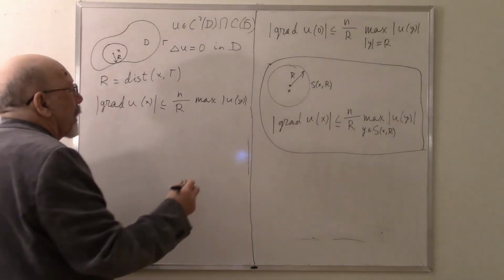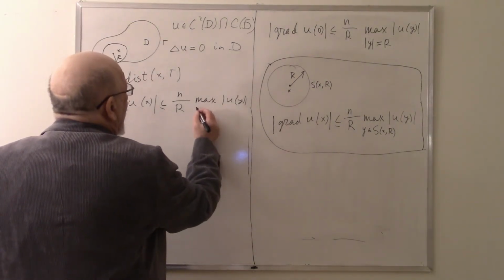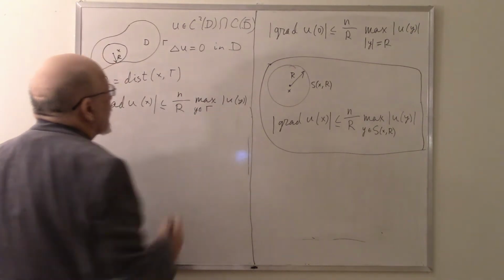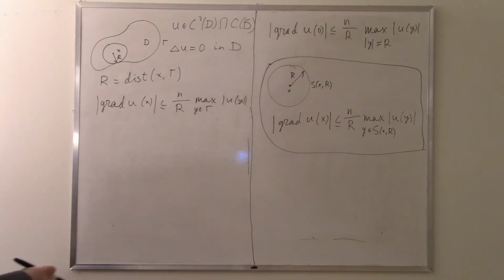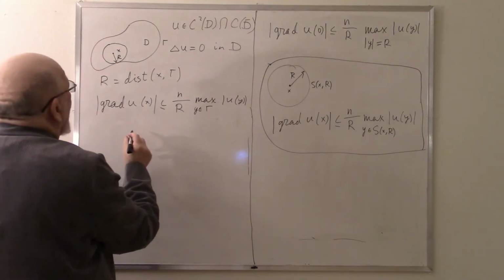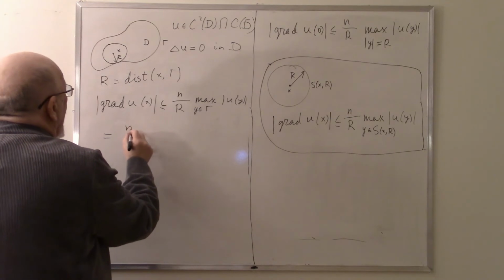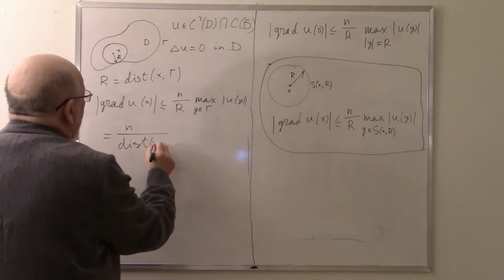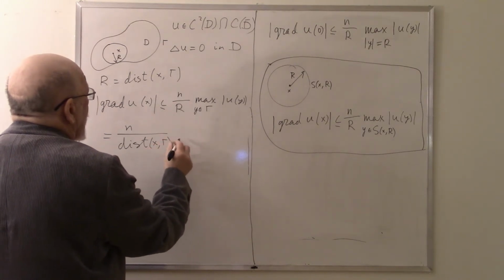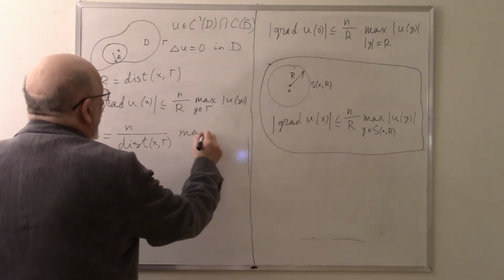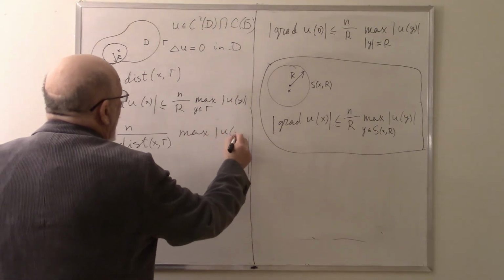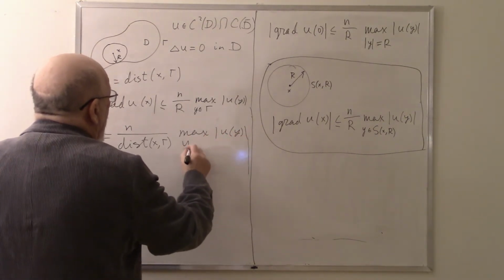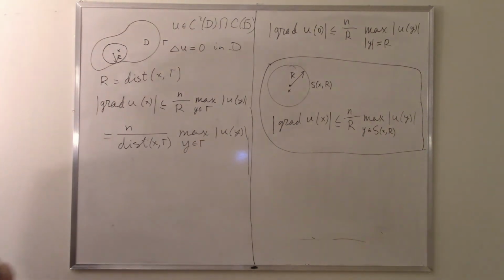So you can write y in gamma. n divided by r equals n divided by the distance from x to gamma, times the maximum of the modulus of u(y), y in gamma.